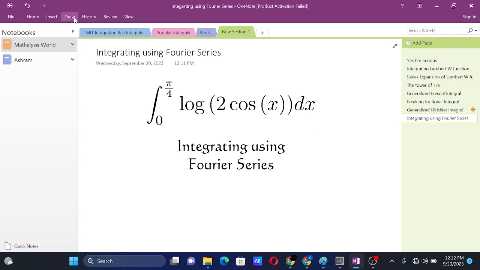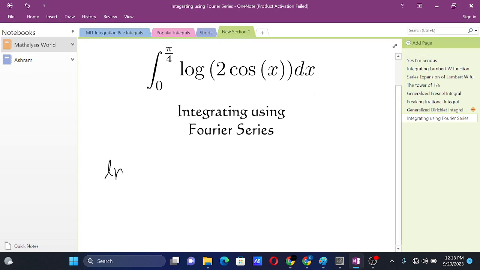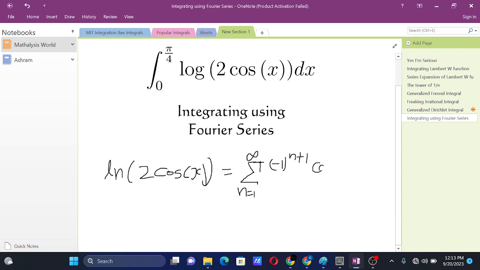Okay. So now, if you know the series, we can begin integrating. The Fourier series for log of 2 cos x is like this: its sum from n equals 1 to infinity, negative 1 to the power n plus 1, cos of 2nx over n.